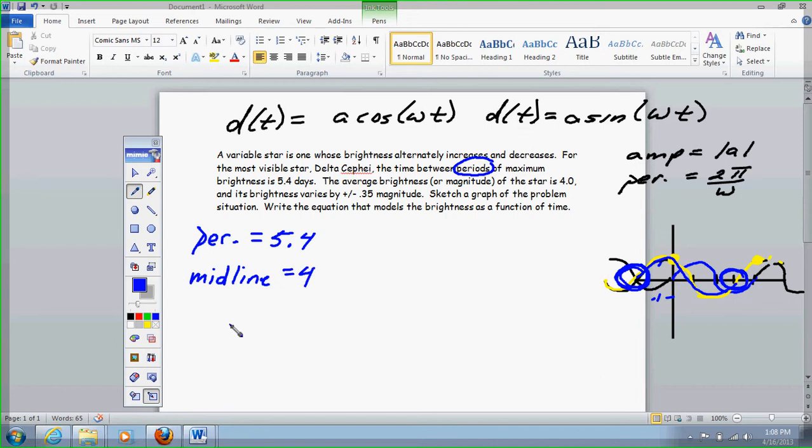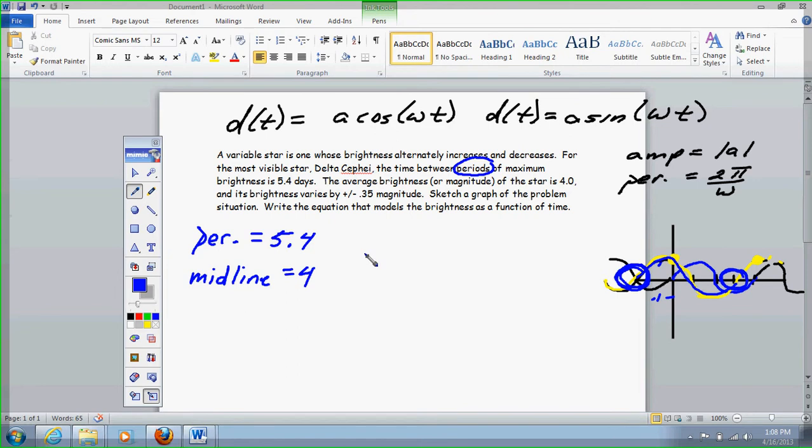Okay? And then continuing on, it says its brightness varies by plus or minus 0.35. So what that's saying is that from this 4, it's going to go up 0.35, then it's going to come back down to the 4, and then it's going to go down 0.35, then it's going to go back up to the 4, and so on, and continue to do that.